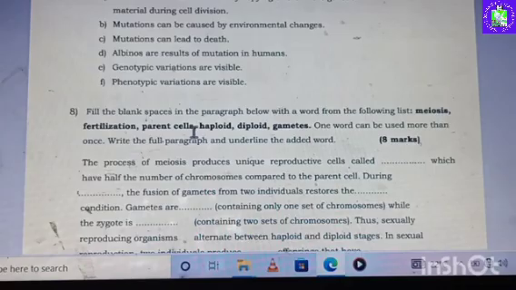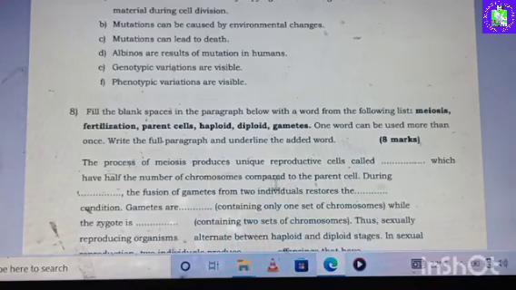Parent cell comes from gametes or fusion of gametes. Haploid is one set of chromosomes. Diploid is two sets of chromosomes. Gametes are involved in sexual reproduction, meaning sperm or ovum.